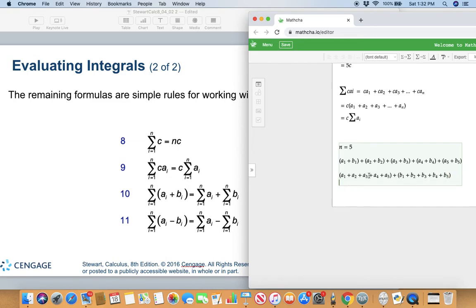Well, that's what this is, summation a_i, and plus is the middle plus. This is summation b_i.